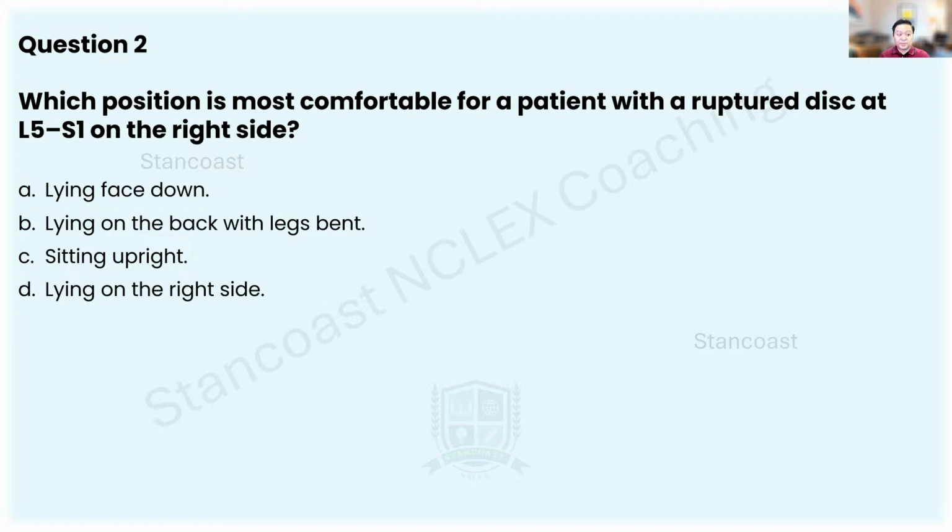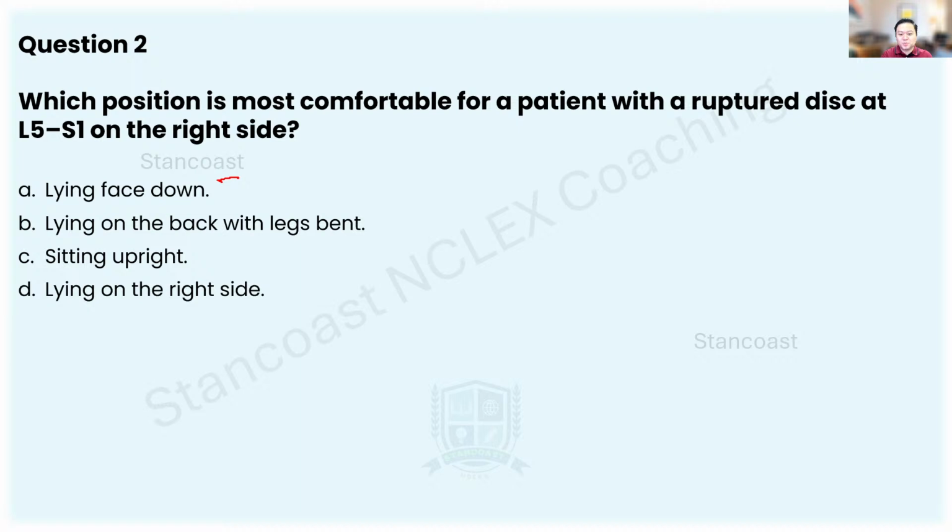All right, while you do your picking of the answer, let me have letter A. Lying face down. What do you think about this? Well, when you're going to put them on their face, this can hyperextend the spine. Hyperextension is going to happen in their spine if they are going to do the face down or prone position.